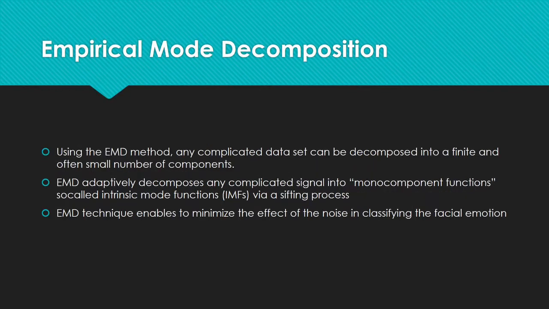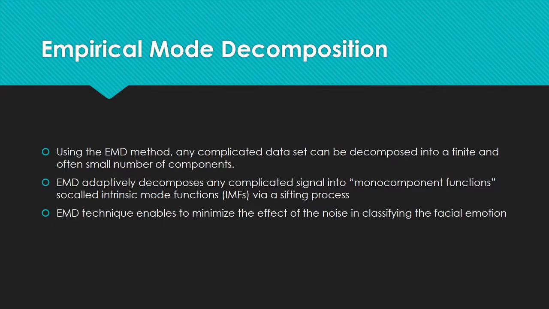Coming to empirical mode decomposition. Once we get a signal from our radon transform step, we come to empirical mode decomposition. Using EMD, any complicated data set can be decomposed into a finite and often small number of components. So the frequency which we get as a 1D signal from radon transform is cut into a small number of pieces, or components, by EMD.